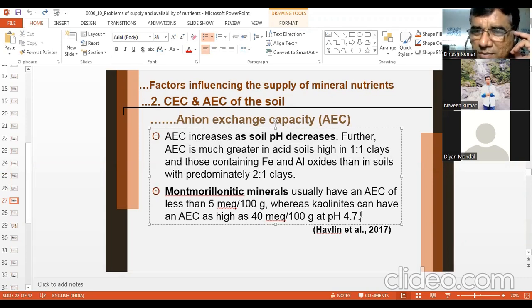Is it correct? This is anion exchange capacity; kaolinites have more than montmorillonite. What is the case of CEC? Is it reverse or is it the same? Sir, in case of CEC, montmorillonite will have more cation exchange capacity. Yes, true. So it is reverse.